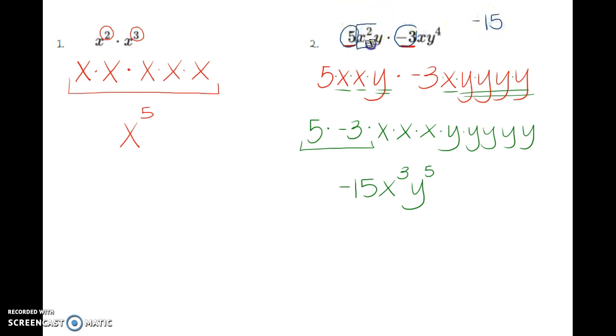Then we had x squared times x, which is just x to the first power. Powers of the same base of x. So I take the 2 plus the 1, and 2 plus 1 is 3. And then y to the first power times y to the fourth power. They have the same base. So I can add 1 and 4, and I get y to the fifth power. The same answer that we got down here.